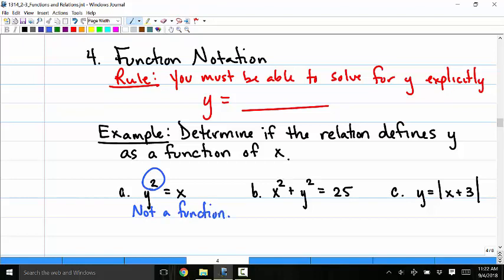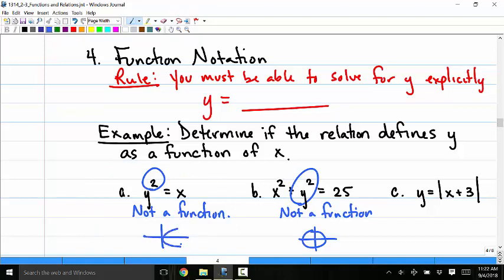The second one, x squared plus y squared equals 25. What do you see? A y squared. That's actually a circle centered at 0, 0 of radius 5. This is not a function. If you knew it was a circle of radius 5, would that pass a vertical line test? No. This one over here is a parabola that opens which way?